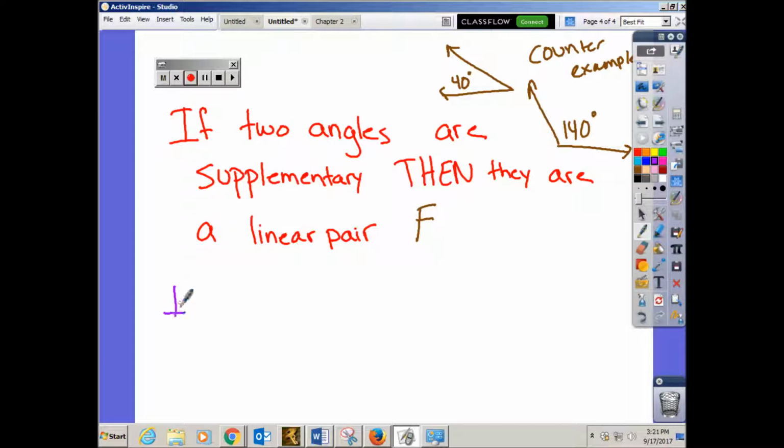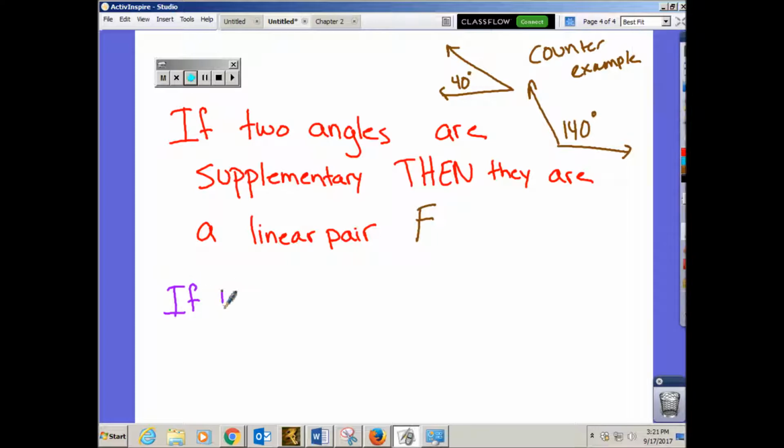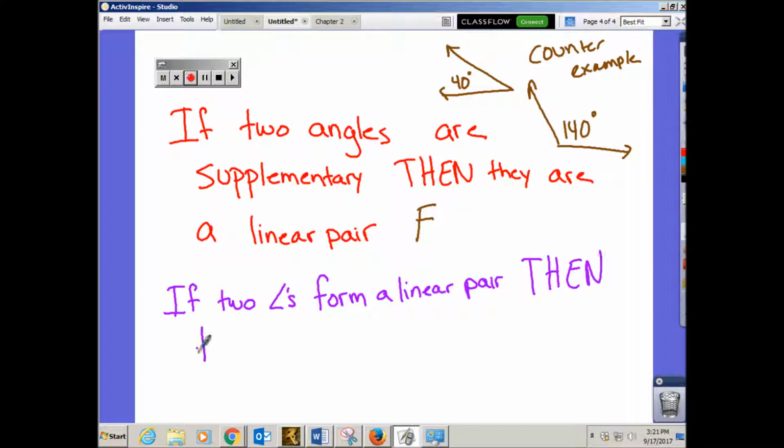If two angles form a linear pair, then they are supplementary.